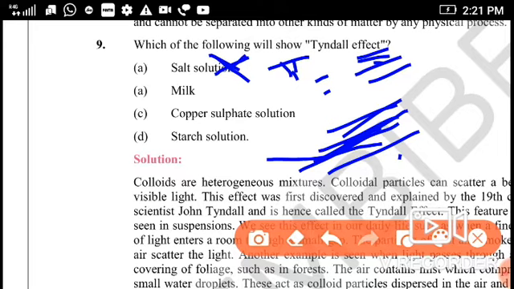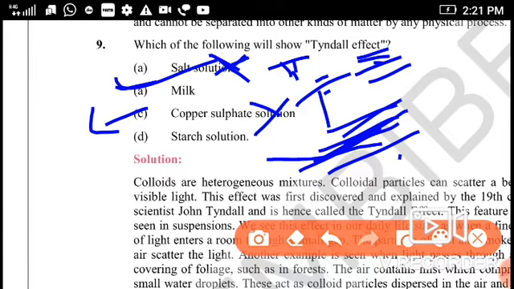Milk is a colloid and we can show the Tyndall effect. Copper sulfate cannot show the Tyndall effect because it is a true solution. Again, particle size is very small, not enough to scatter light. Starch solution shows the Tyndall effect, so milk and starch solution is the answer.